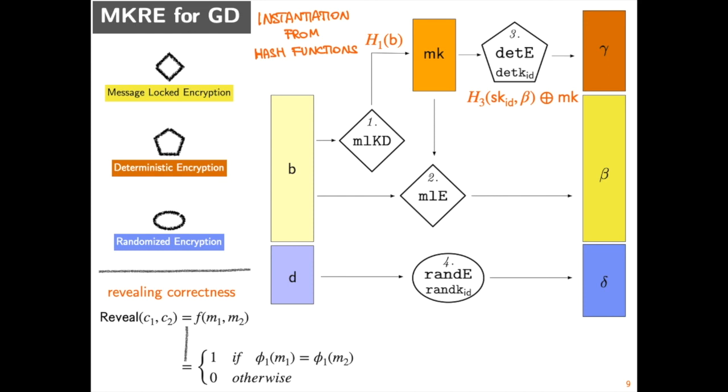Then for the deterministic encryption on the top, I will basically do a one-time pad with this message-locked key, and another hash function that uses the secret key and the ciphertext beta, which I produced using hash function number 2 on the message-locked key, one-time pad with the basis B. And finally, for the randomized encryption, basically what we are doing is sampling a random IV, initialization vector, and then doing another hash function with the secret key and initialization vector, one-time pad with the original deviation. Easy peasy. And we can prove that this construction is secure in the random oracle model.